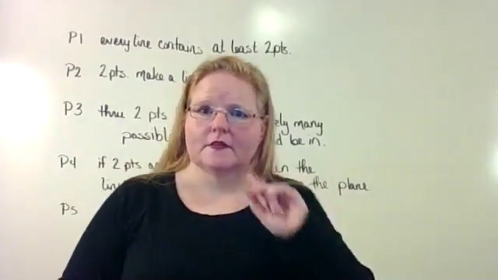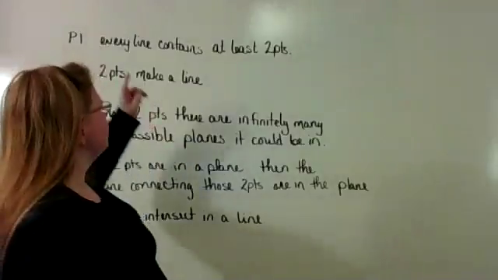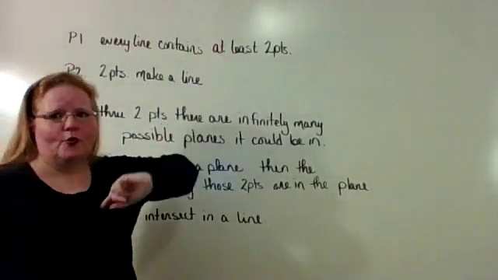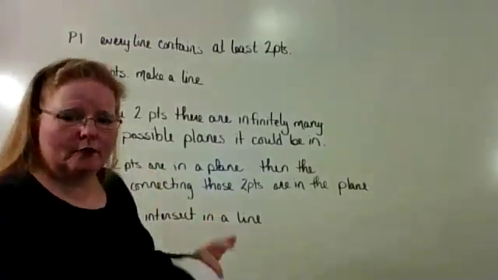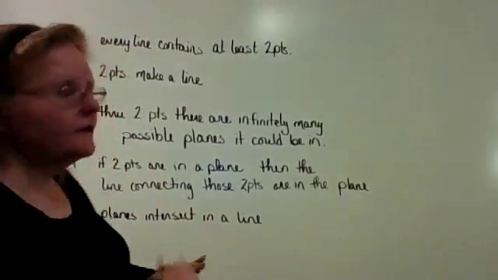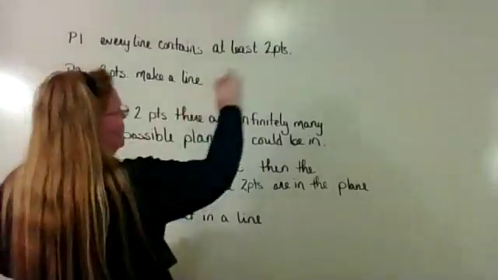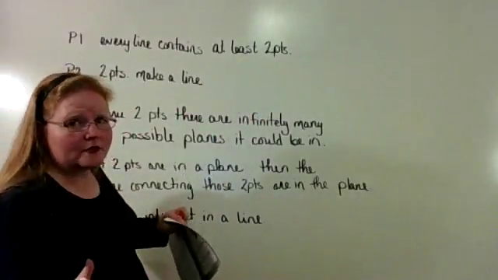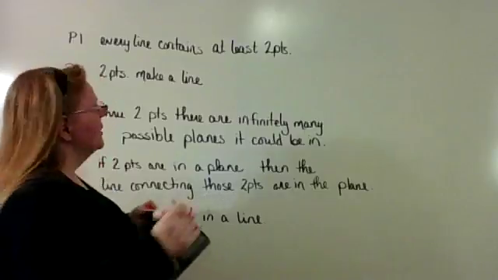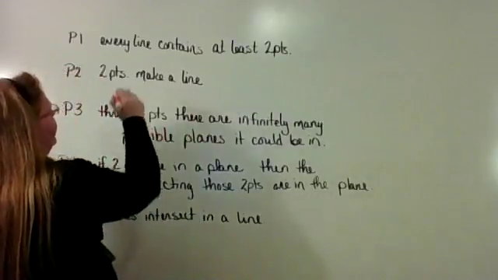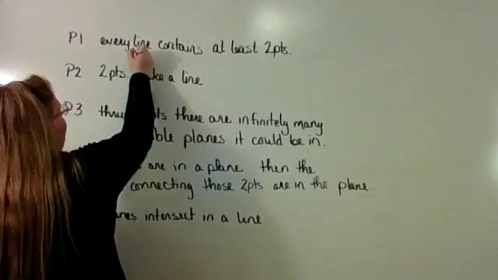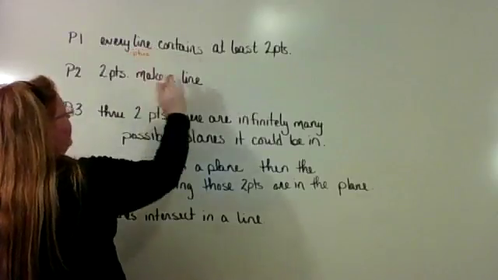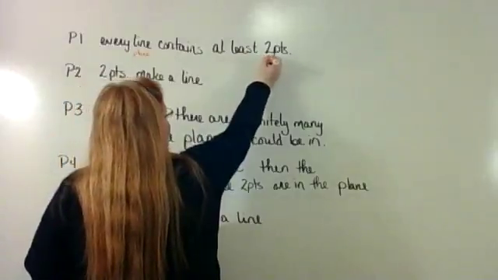So, this is my short statement. P1, every line contains at least 2 points. And then below that, notice I didn't write 2 collinear points. Doesn't matter. I'm not going to worry about that. But below it, I'm going to write every plane contains at least 3 points.